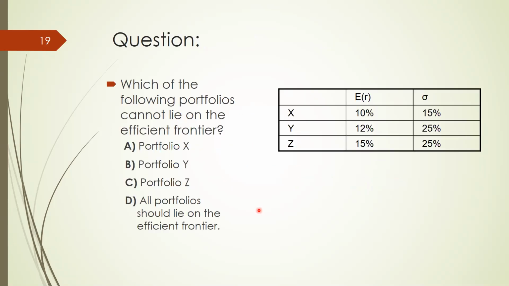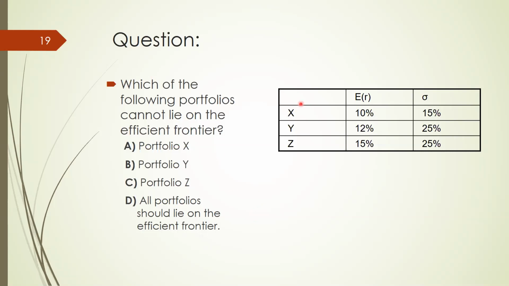With the mean variance criteria in mind, let's see which of the 3 portfolios should not be efficient. Okay, they should not be desirable by investors given the parameters.